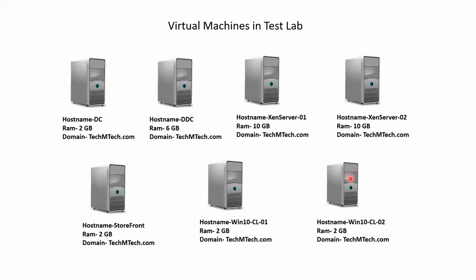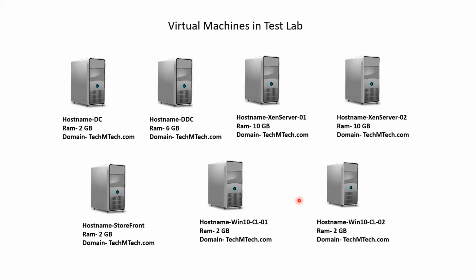I have 24 GB memory. Let me make it clear for you guys. So 2 plus 6 is 8, then 10 is 18, then 18 plus 2 is 20, and then 2 is 22. Yeah, 2 GB is required for the client. So that will work.